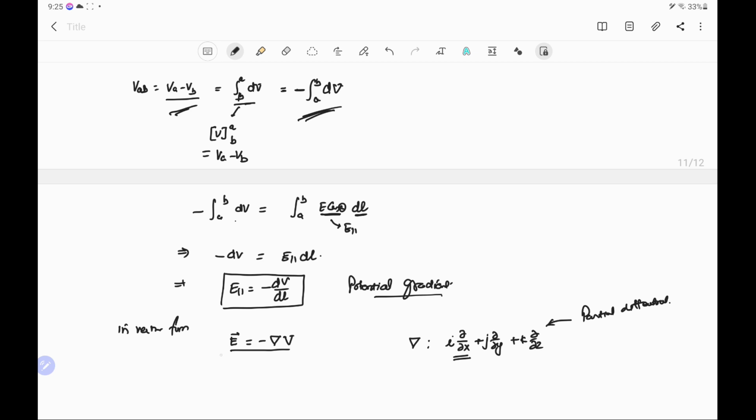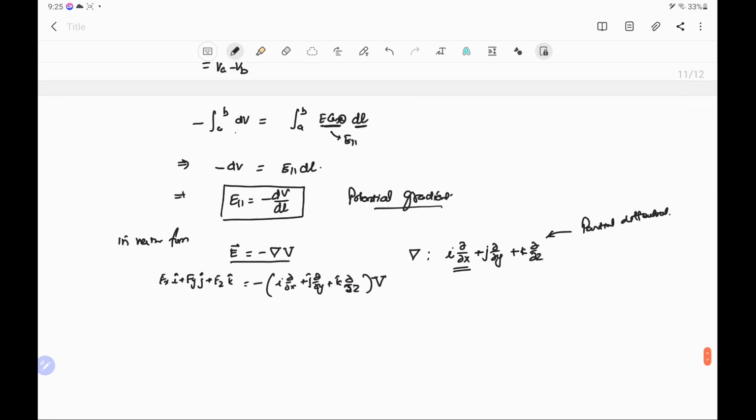Therefore, we can write this expression as Ex i plus Ey j plus Ez k, and it is equal to minus of i del by del x plus j del by del y plus k del by del z of V. Therefore, comparing left hand side and right hand side, we can write that Ex equals minus del V by del x, Ey, this is the y component of the field, equals minus del V by del y, and Ez is equal to minus del V by del z.